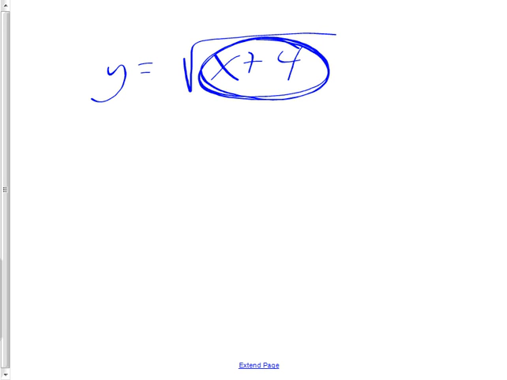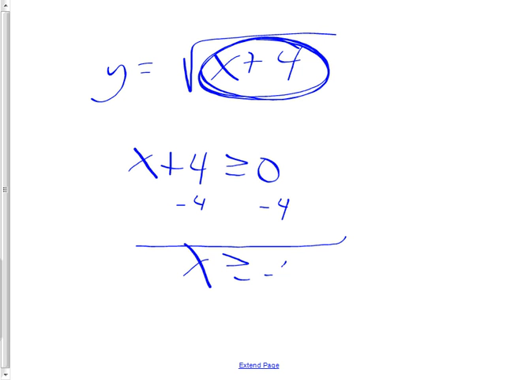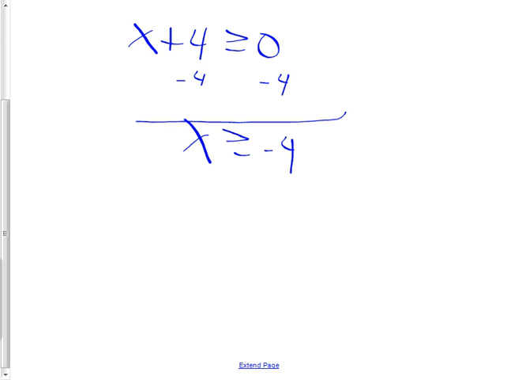So you should say that x plus 4 needs to be greater than or equal to 0 and solve that little problem. Subtract 4. X has to be greater than or equal to -4. Can I put that on a number line? Yeah, I can do that. Here's -4. X has to be bigger than or equal to it. That means it can be, notice that or equal to sign filled in. And greater than or equal to looks like this.